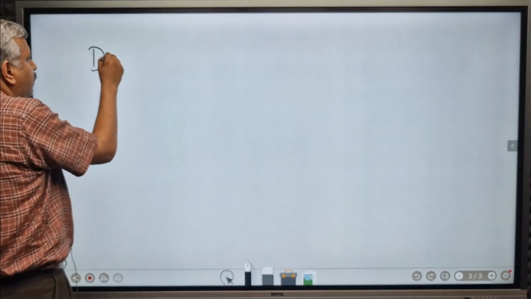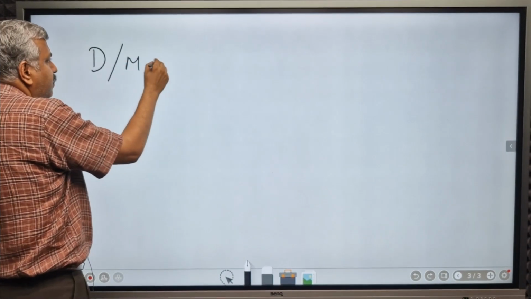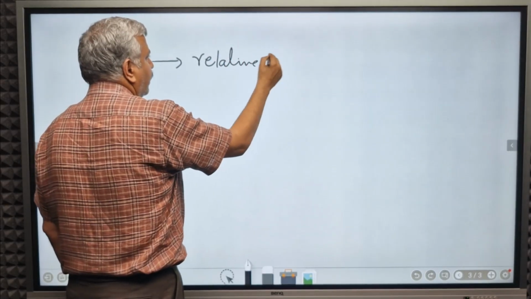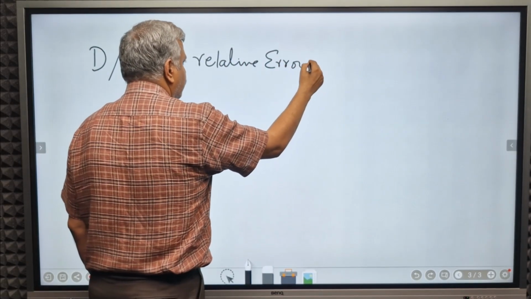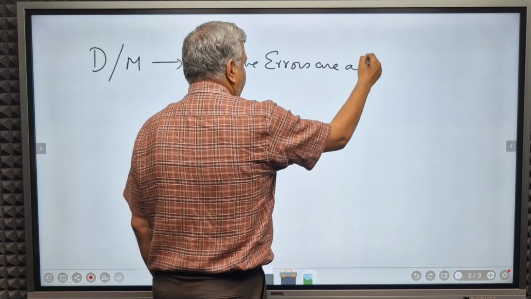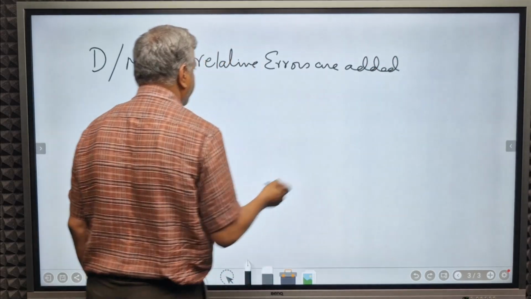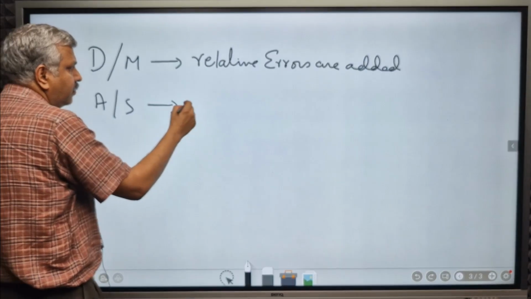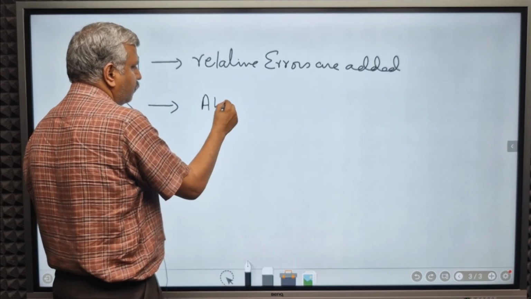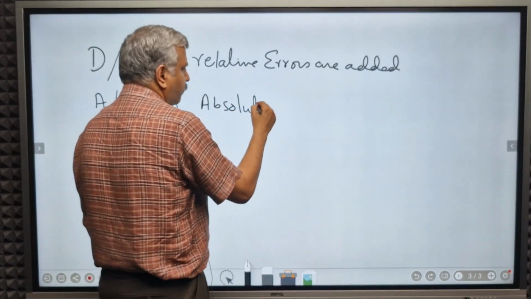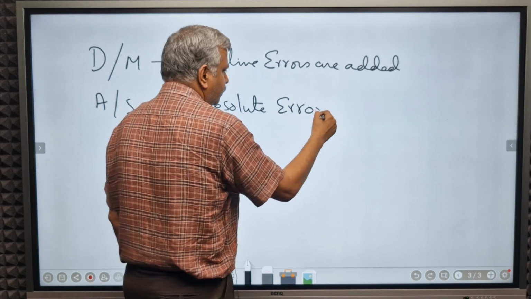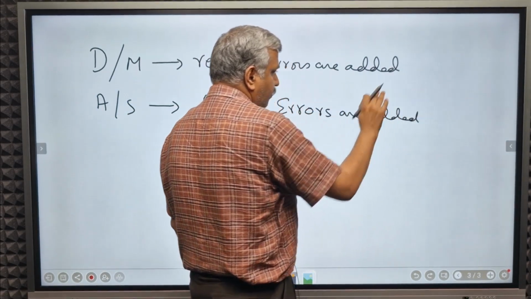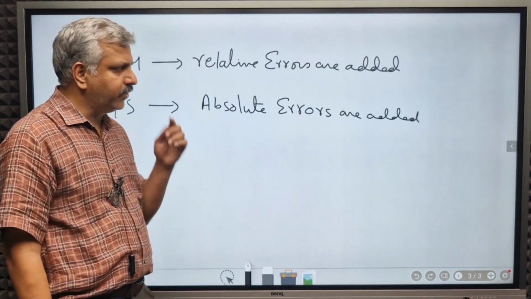In division and multiplication, relative errors are added. In addition or subtraction, absolute errors are added. I hope you understand the difference between these two.